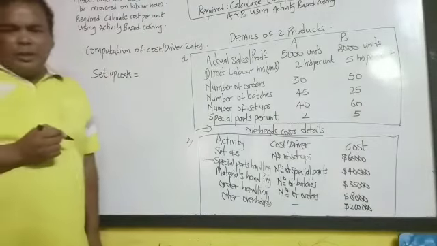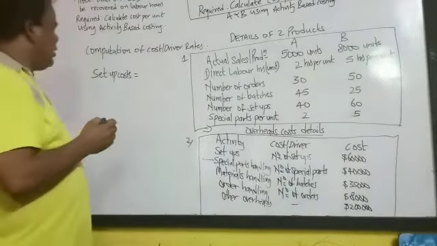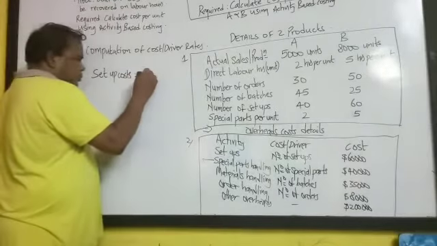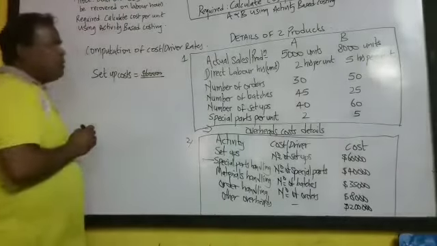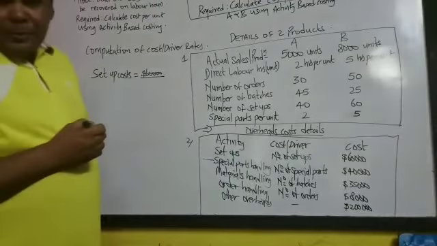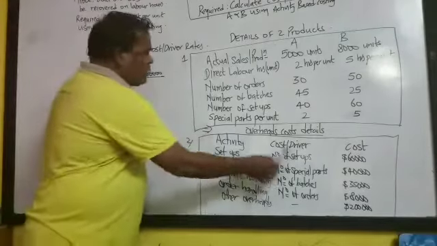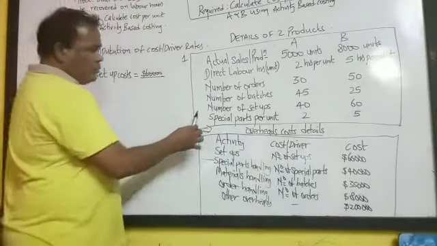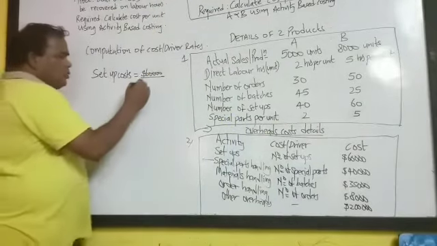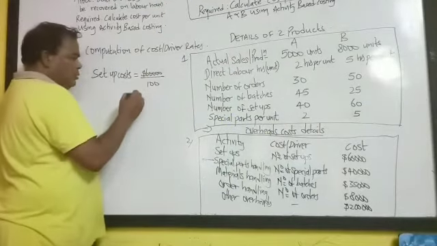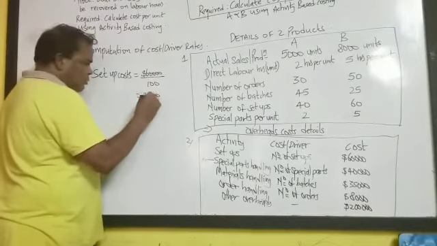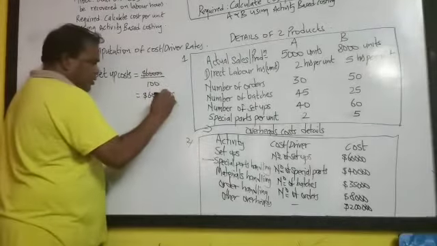What is the cost? The setup cost is 60,000, and we have to divide by the number of setups. What is the number of setups? 40 and 60. This will give us 100, and then we divide: 600 per setup.